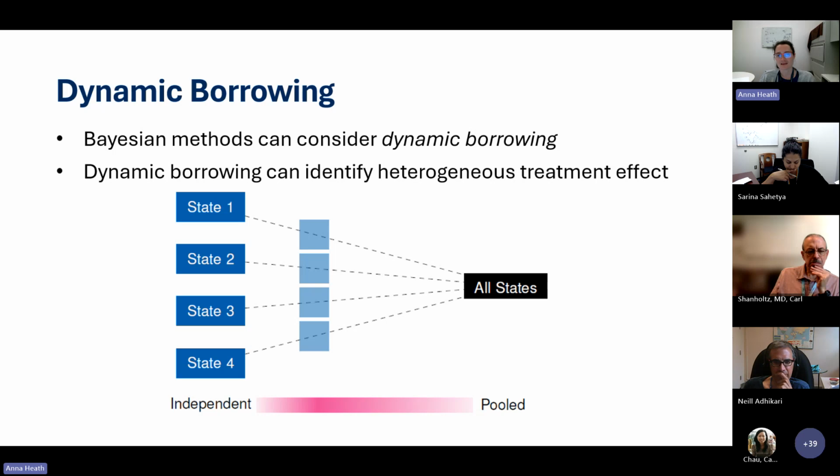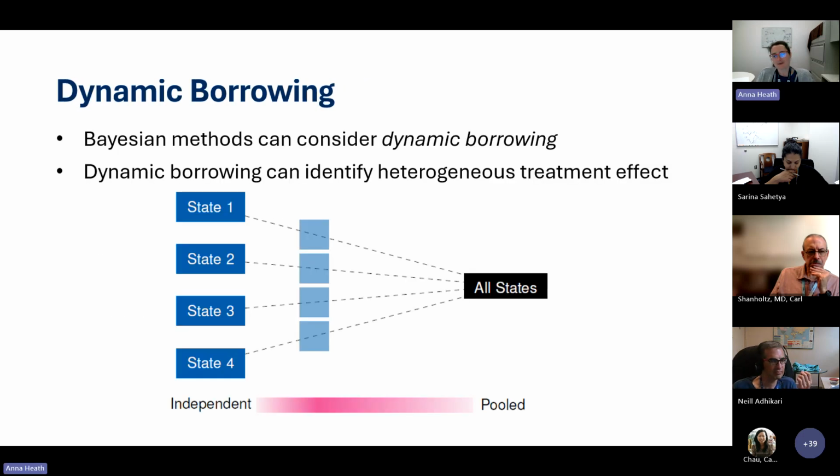So that's really where we get the benefit in a Bayesian adaptive trial, is that because we're putting all of these patients together in this platform, we can analyze all the data together and understand whether it's appropriate to keep those states or subgroups separate or pooled. And it allows us to statistically combine the information.